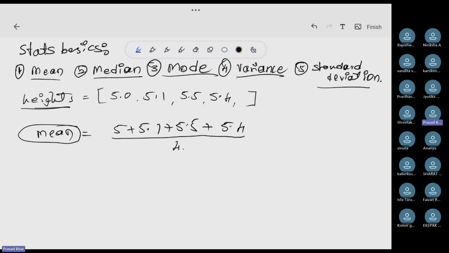Now, say for example, we have a school, maybe a classroom, and we have a collection of heights of all students, and most of them are in this height range. Say they lie between 5 to 5.4, some values repeat and such things.